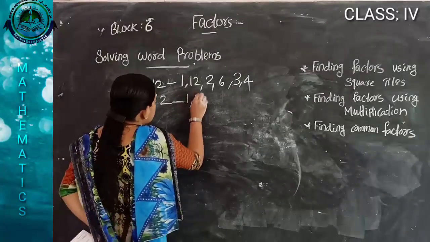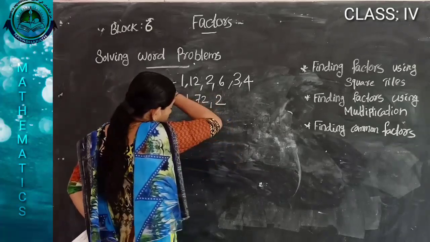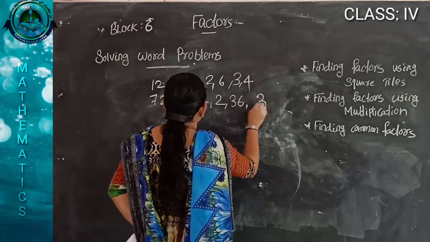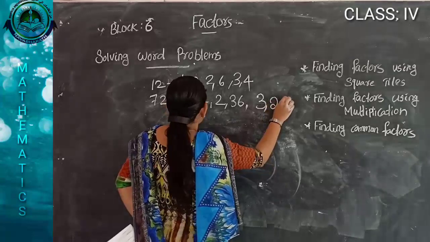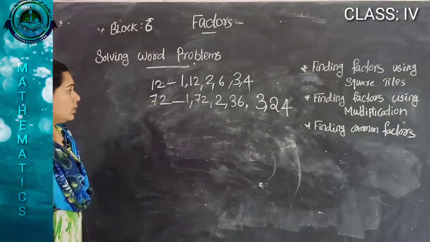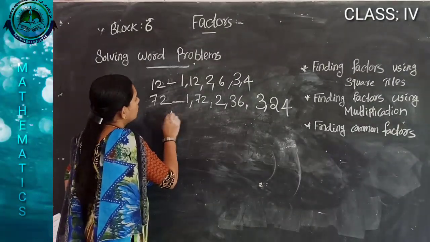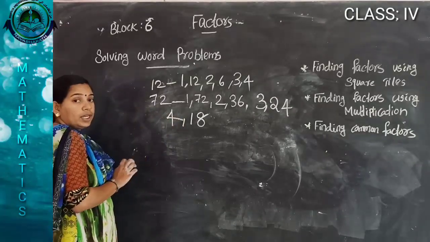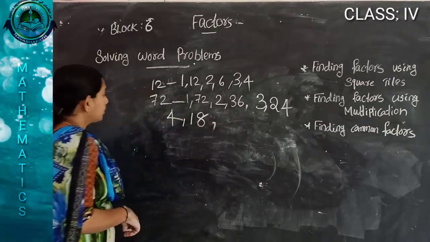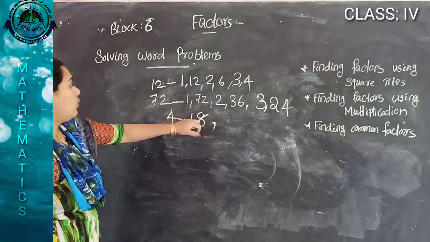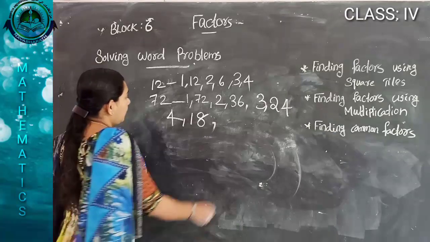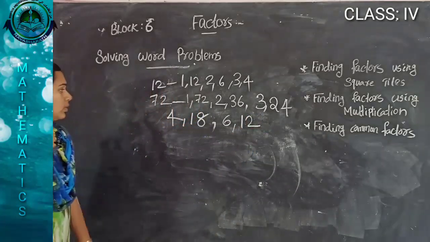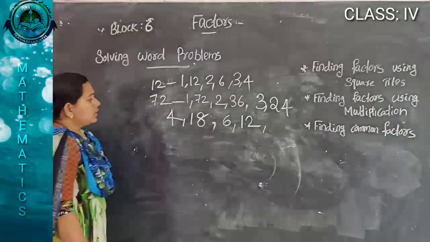Then 72: 1 into 72, 2 into 36, 3 into 24, 4 into 18, 6 into 12. 7 is not possible.